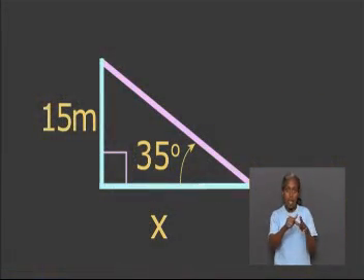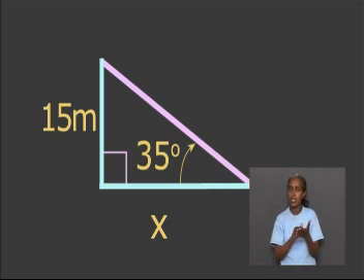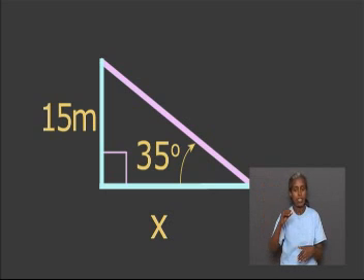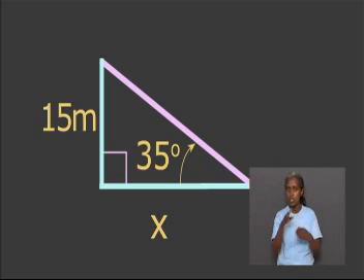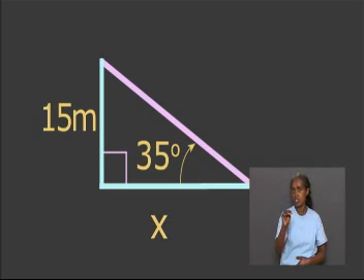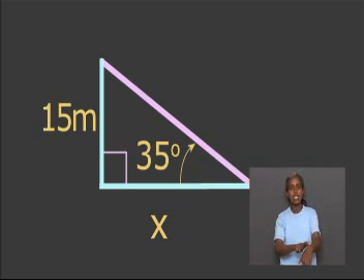Now for the second problem, which we can solve in a similar way. The angle between the sun and the horizon is 35 degrees. The building is 15 meters tall, and we must find the length of the shadow cast by the building.